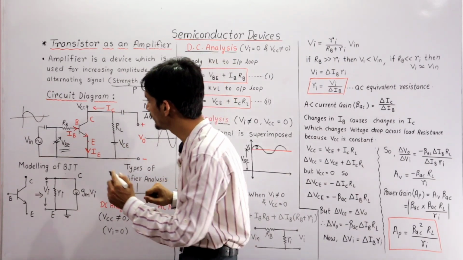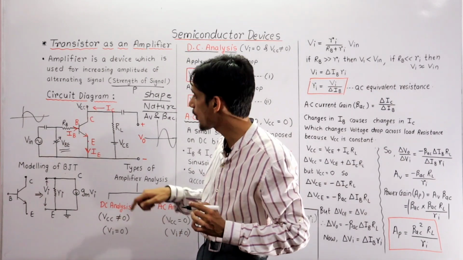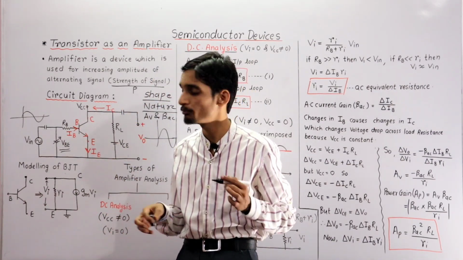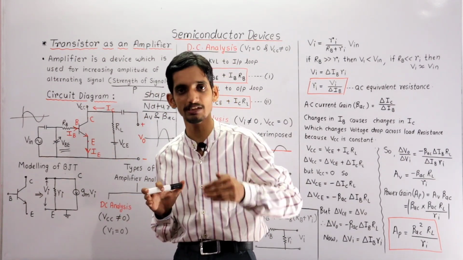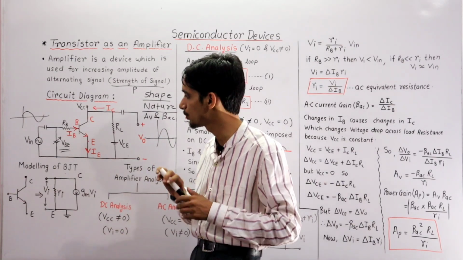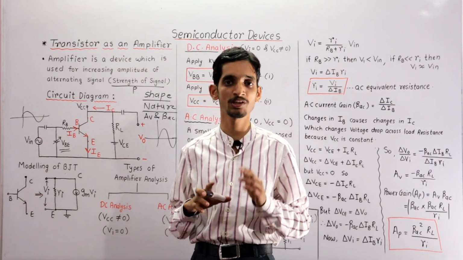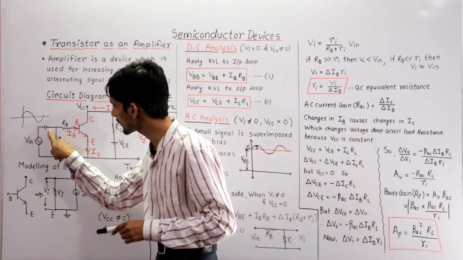The input current through the transistor is IB, which is the base current, and the output current is IC, which is the collector current. Because the emitter is common, the input current should be the base current and the output current should be the collector current. Clear?